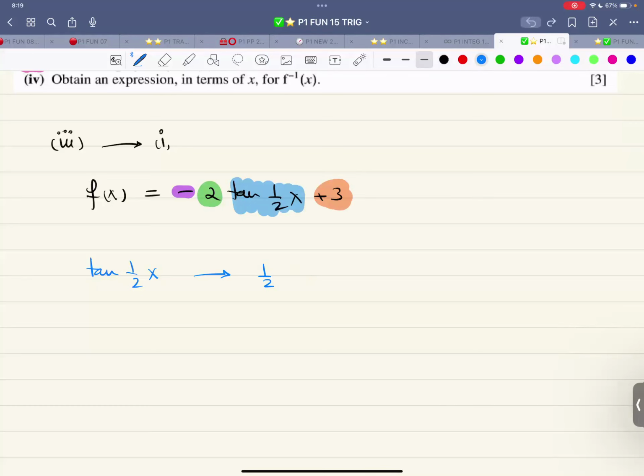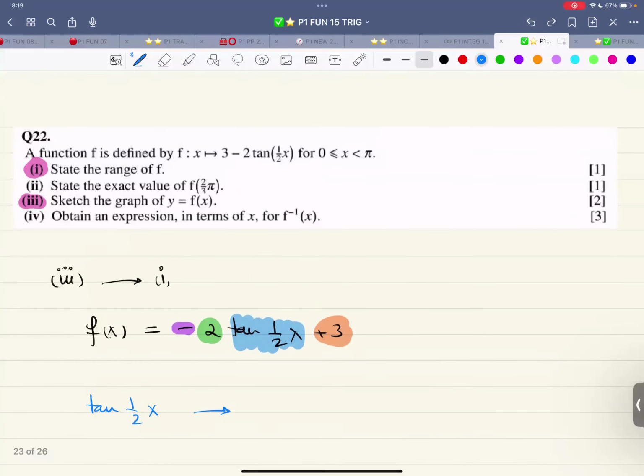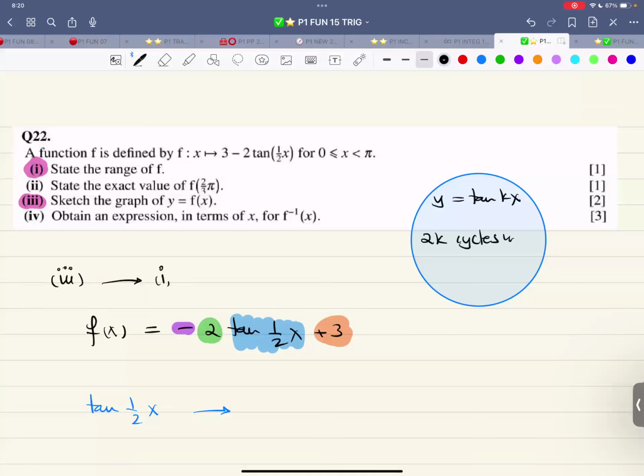Actually, let me write the rule first. When we talk about tangent, the rule is y is equal to tan(kx). The rule is 2k cycles in 360 degrees or 2 pi radians.